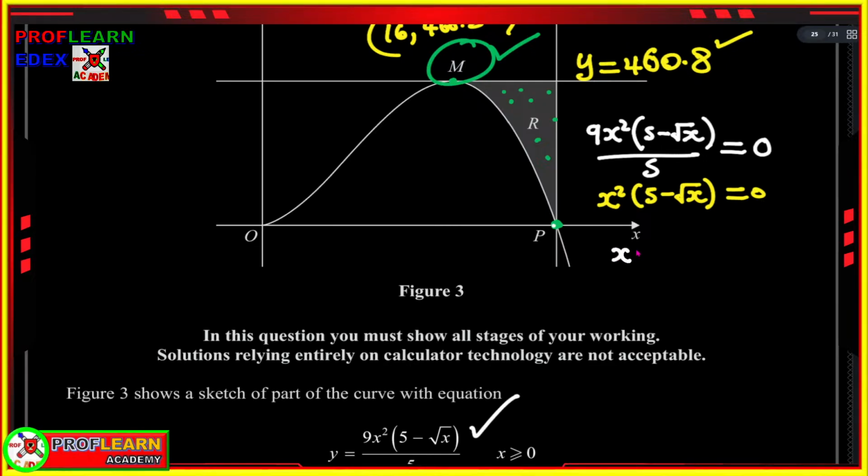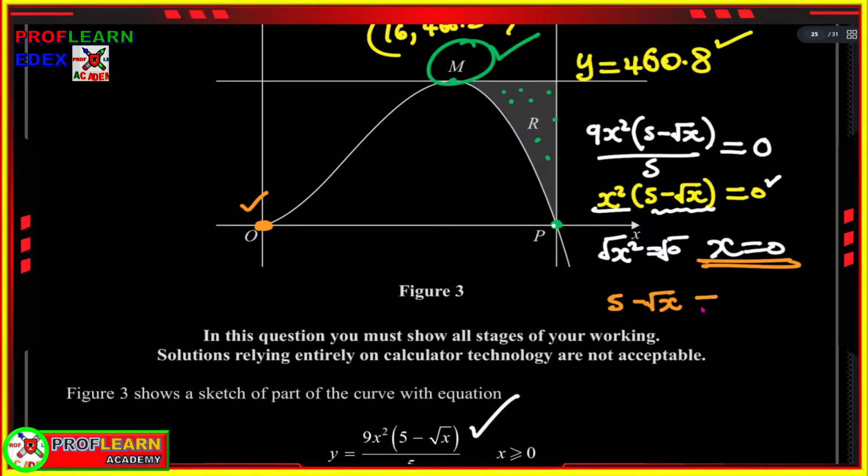So we can say this part is equal to 0, or this part here is equal to 0. So x squared is equal to 0. If you find the square root of 0, it's basically x is equal to 0. And that is why we have this line passing through 0. So x is equal to 0 is for this part here. The other part, we say 5 minus root x is equal to 0.